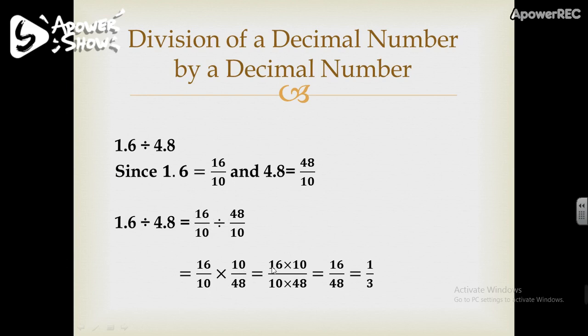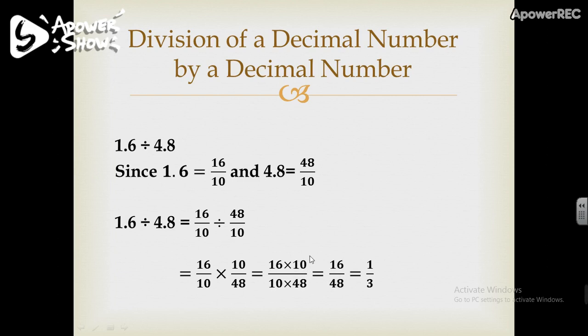So we get 16 multiplied by 10 upon 10 multiplied by 48, which equals 160 upon 480.